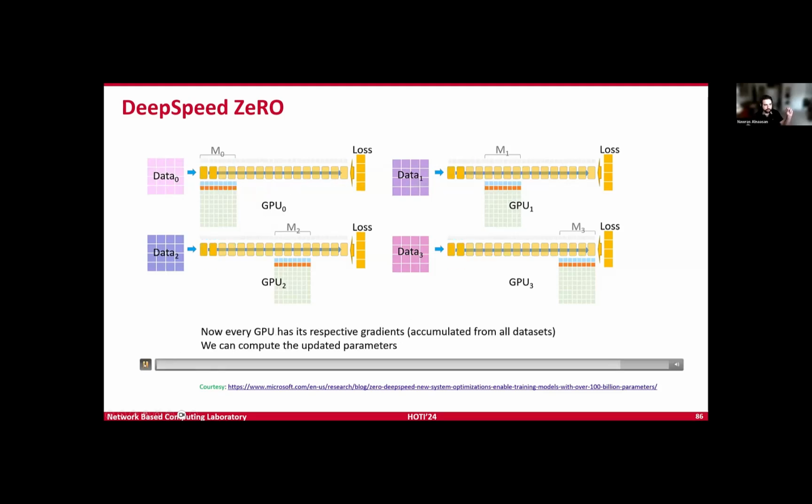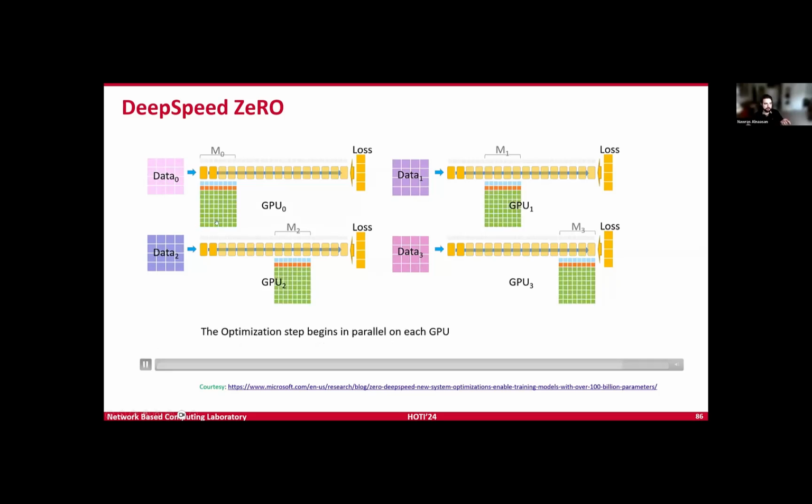Now what we end up with at the end of the backward pass is a different shard of the reduced gradients on each GPU. GPU 0 has the first shard, GPU 1 has the second shard. What we did with gradients previously is use them to update the weights. Here, we're going to use them to update the master copy of the weights.